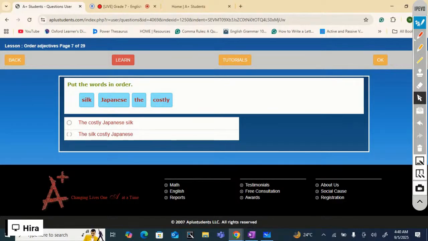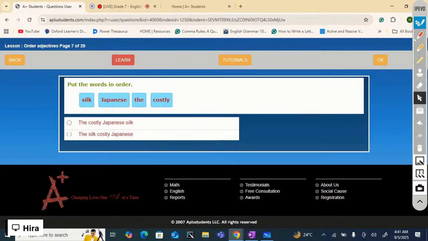The costly Japanese silk or the silk costly Japanese? Think about it again.